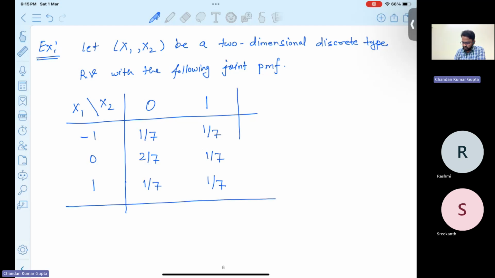If you see, you will find the sum is 1. So we can say that it is a valid two-dimensional discrete probability mass function. Now we need to find the distribution of a transformed variable, which is associated with the variables x1 and x2 only.